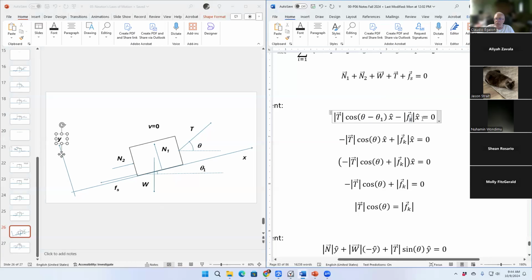My second normal, Normal 2, is going to be along the positive direction. I'm going to put that here.